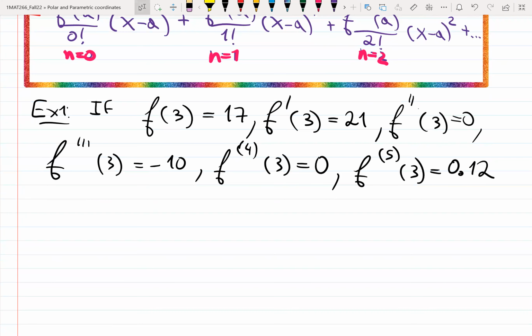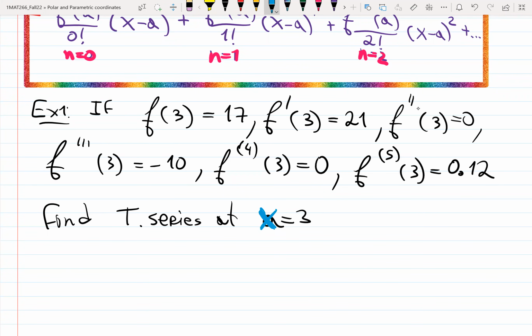Can you create now a function? So let's define the Taylor series for this function. Find the Taylor series at the center 3. People ask me, is it a equals 3 or x equals 3? That's the same thing.